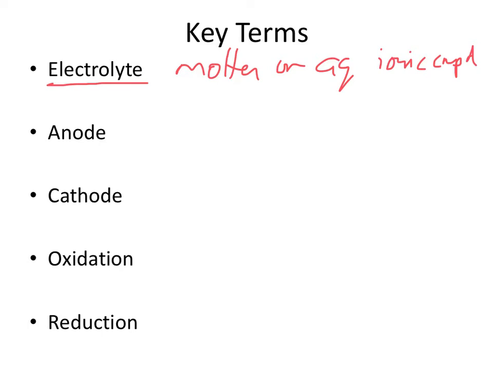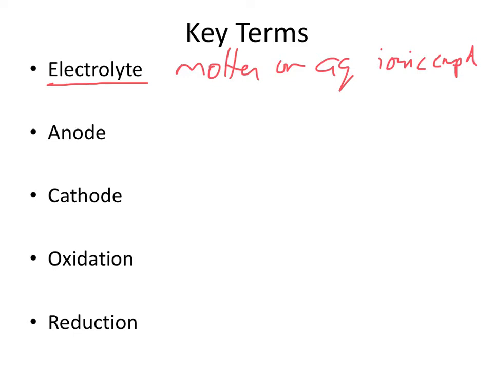They're locked in a fixed position in the lattice. However, if you heat the ionic compound up so much that it melts, or you dissolve it in water, the ions in the compound can move between the electrodes, and therefore electricity can be conducted through the electrolyte.